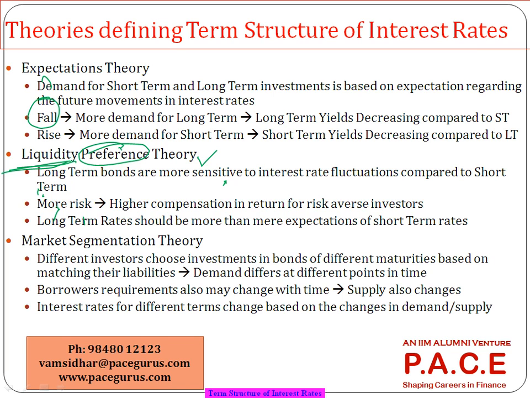Then we are talking about the third major theory governing this, which is the market segmentation theory. As per this theory, the different investors choose different investments in the bonds based on their liabilities. For example, a pension fund company typically invests in long term investments because most of the times the liabilities from their side are also long term in nature.